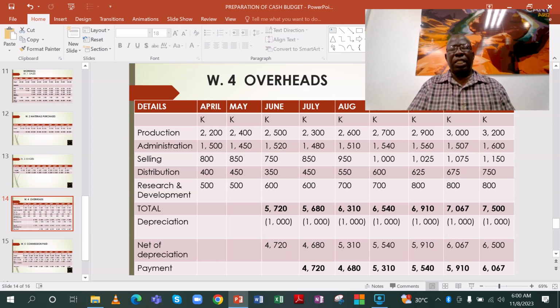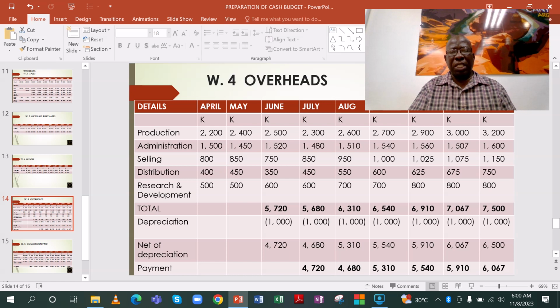But remember that these overheads, we are told, include 1,000 kwacha depreciation. Now, depreciation is a non-cash item, so it's not a cash flow item. Therefore, if we want to see the actual cash movement, then we have to remove depreciation from the total figure of overheads. So there's 1,000 to be removed every month.